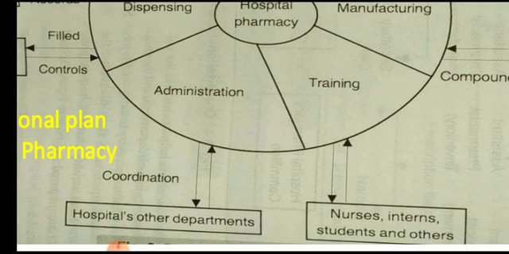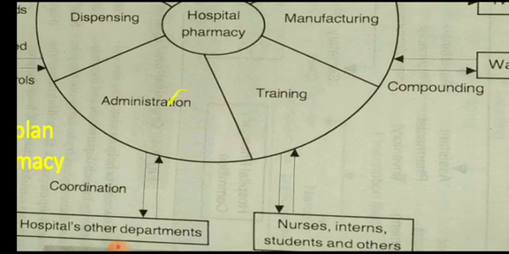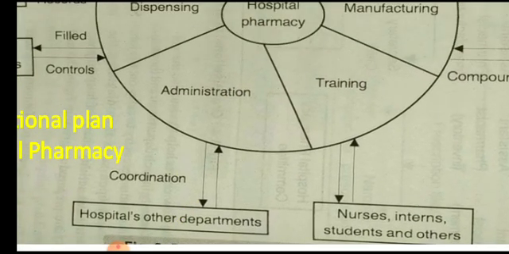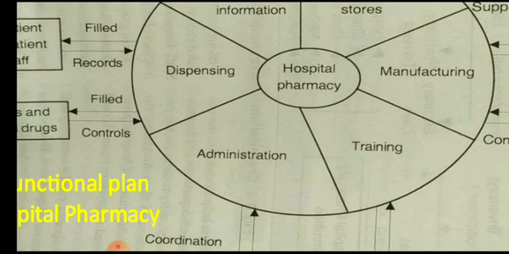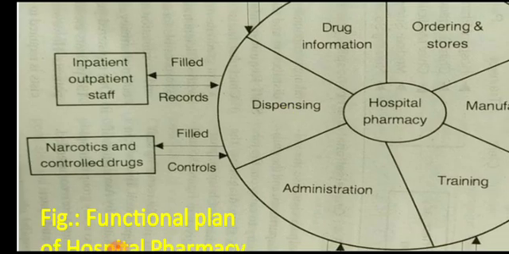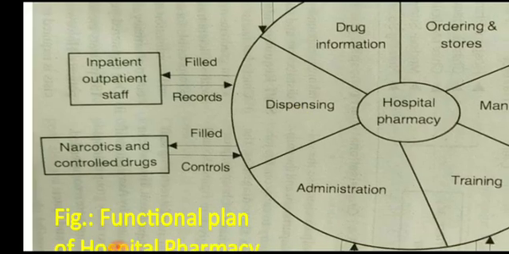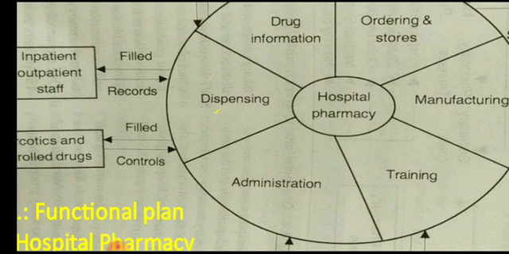Then administration, another important one. They have the overall administration of the other departments along with the pharmacy department. They have to make a proper control, and by proper coordination it is possible to have this administration done. Then in the dispensing area, it can be either inpatient or outpatient, or for the staff.